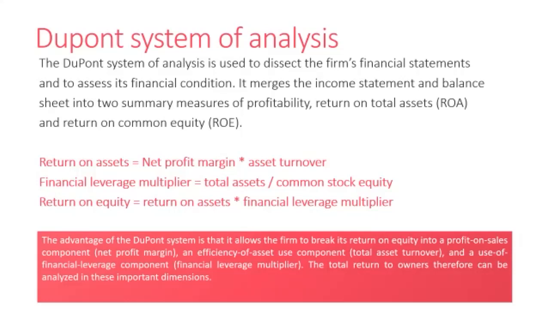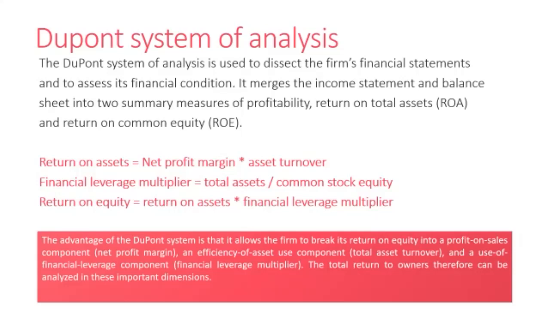Now the advantage of the DuPont system is that it allows the firm to break its return on equity into profit on sales components, net profit margin, and efficiency of asset use components, total asset turnover, and the use of financial leverage, right?